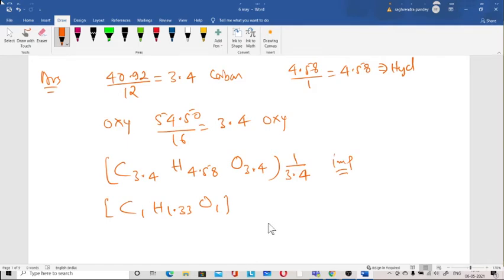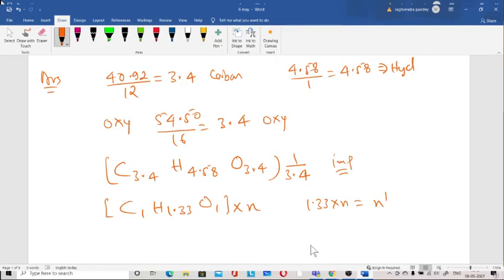Then you get 1.33, but there is no fractional atom, an atom is always complete. So we have to multiply by a whole number n, 1, 2, 3, 4, 5, 6, so that 1.33 into n gives another whole number.